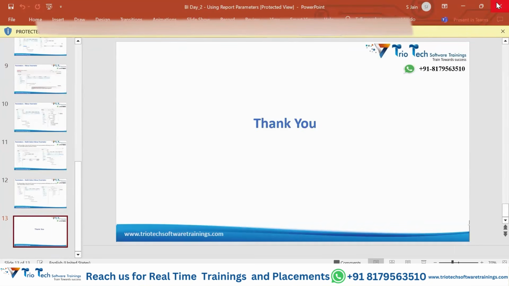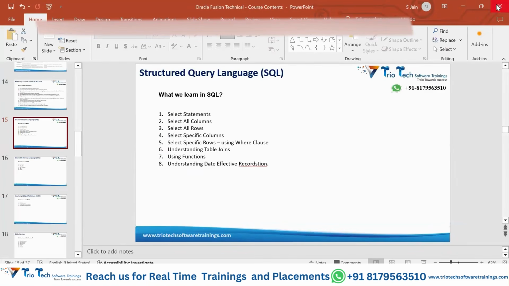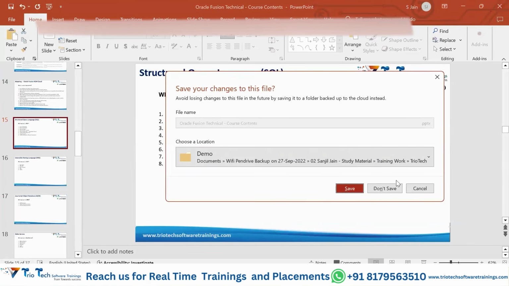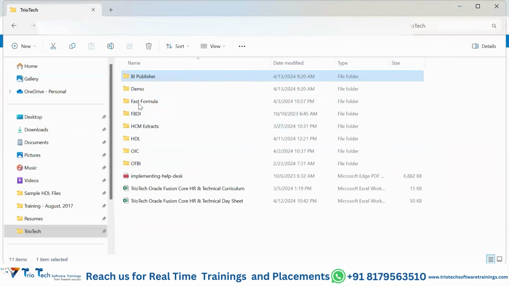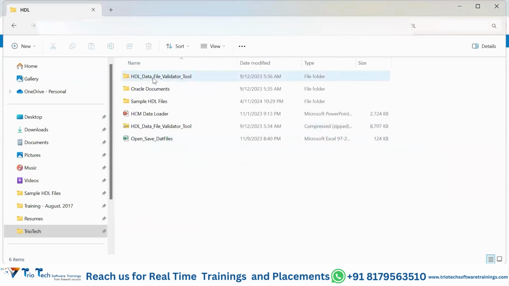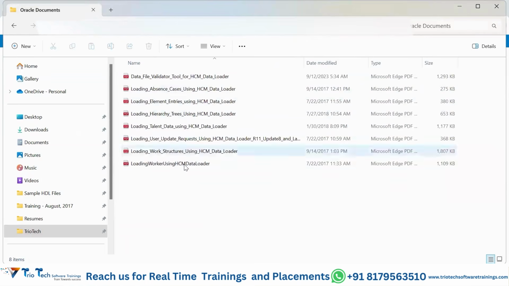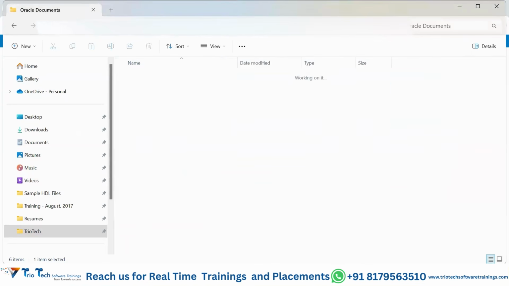We will have certain useful notes. Certain Oracle seeded offer documentation is also there, which can be very handy to practice and do the assignments. We will be providing certain handy notes which are not available in the open world now. You cannot publicly access those now, but we have kept them saved for you, and we will provide all that documentation as part of this course curriculum.